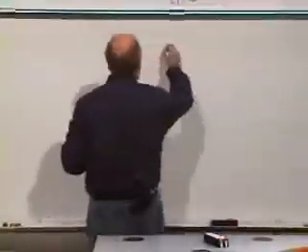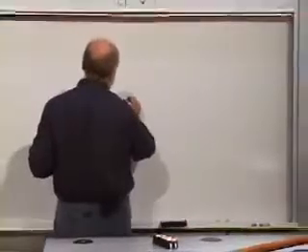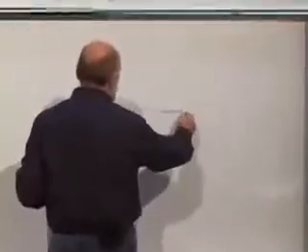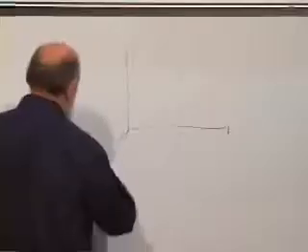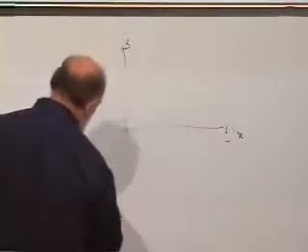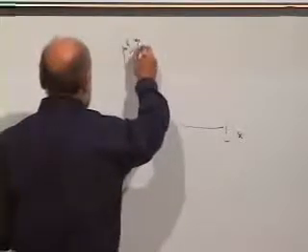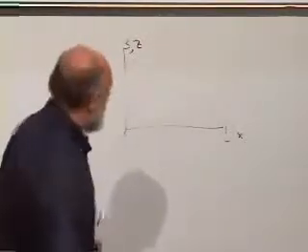Now this is in real three-dimensional space. 1, 2, 3. 1 is the same as x, 2 is the same as y, 3 is the same as z. Same thing, x, y, z.